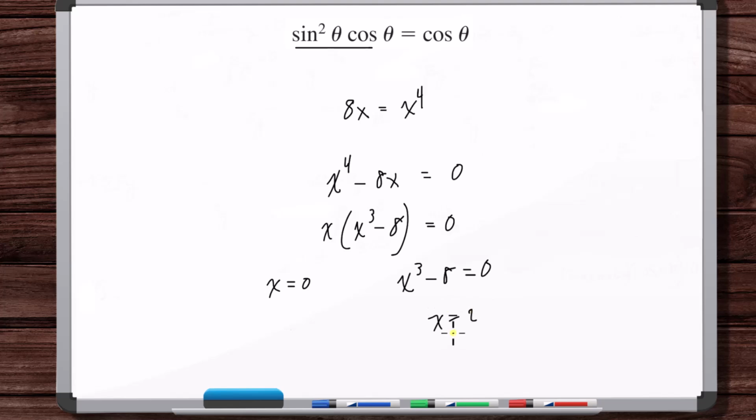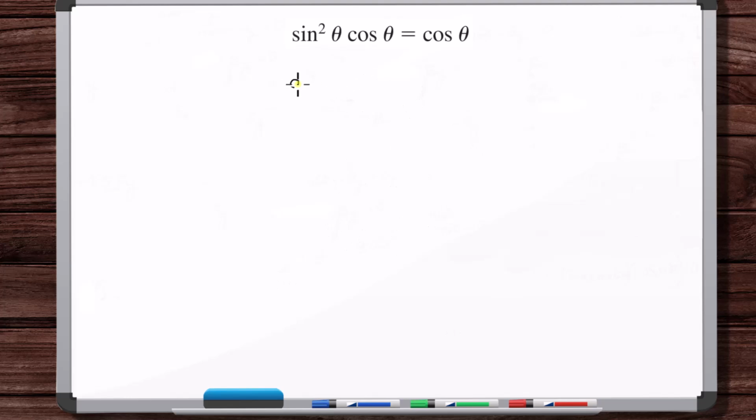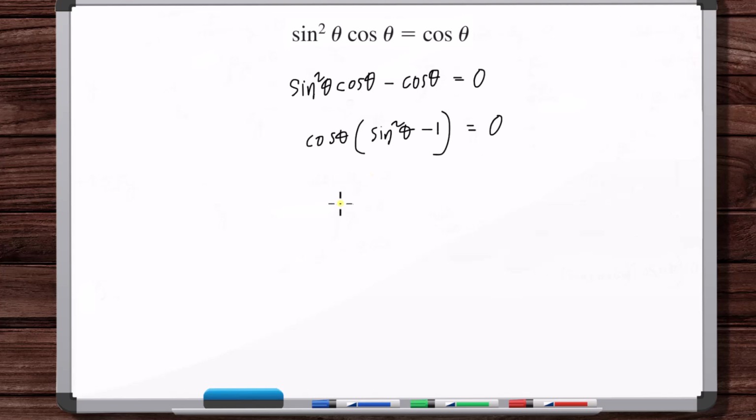So in that case, what we want to do is subtract cosine theta from both sides. Factor out a cosine theta, and you get sine squared theta minus 1. And now use the zero product property. So we've got cosine theta is equal to 0, or sine squared theta is equal to 1.